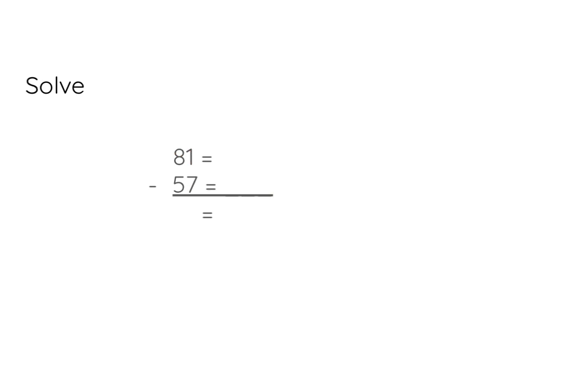81 subtract 57. Pause. Let's check your work. You should have a minus 57 on the bottom. And then in your head, you thought 57's next 10 equals 60. How do I rename 81 as 60? By adding a 21.